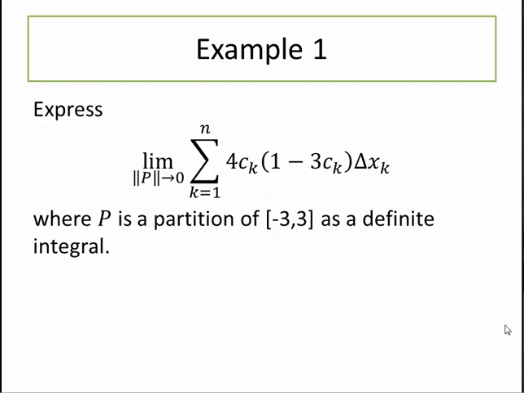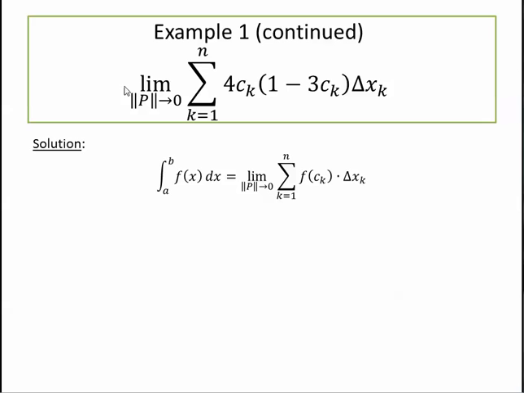Alright, so let's do an example. Let's express this expression here, where p is a partition of the interval -3 to 3, as a definite integral. Alright, so here's our solution. Remember, we said the definite integral from a to b of f of x dx is equal to the limit as the norm of our partitions approaches 0 of our Riemann sums.